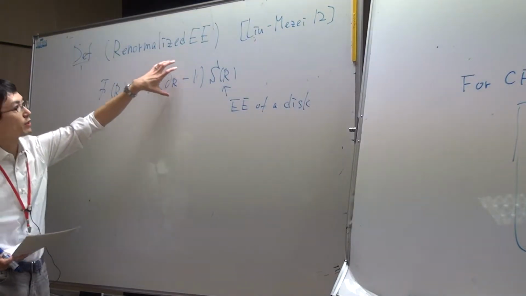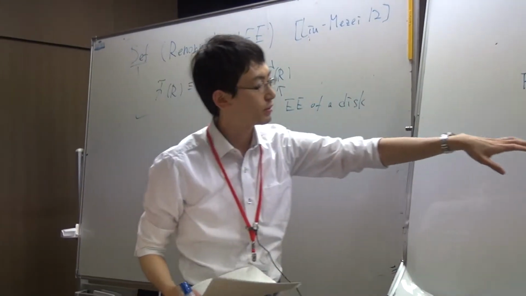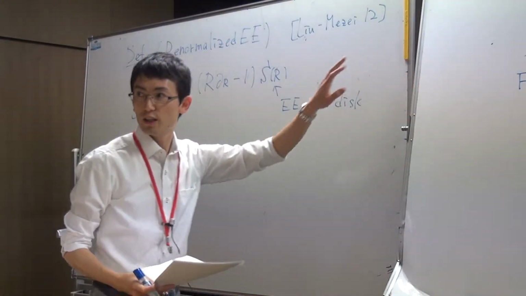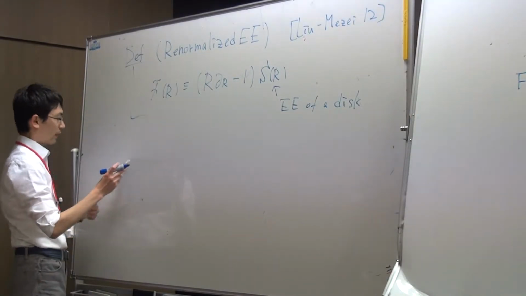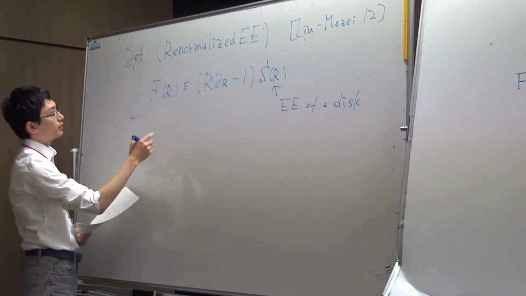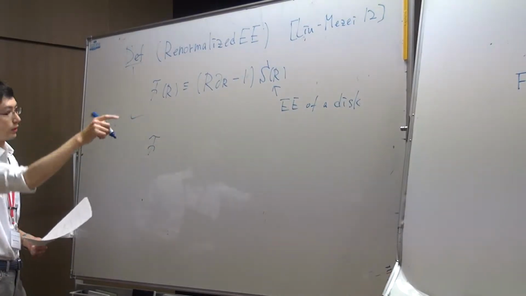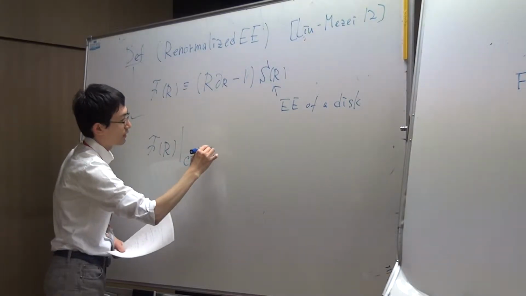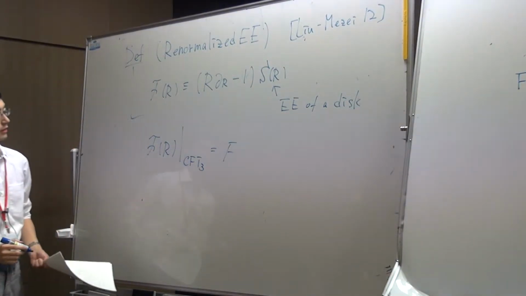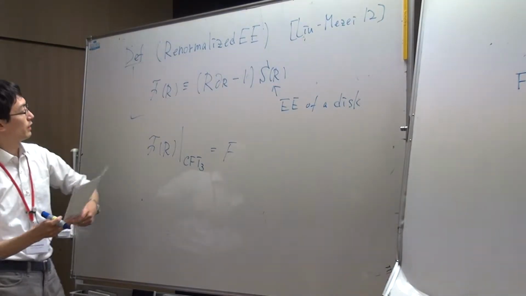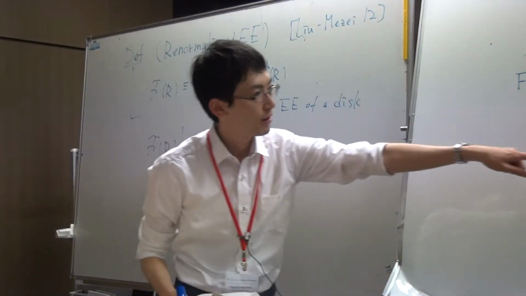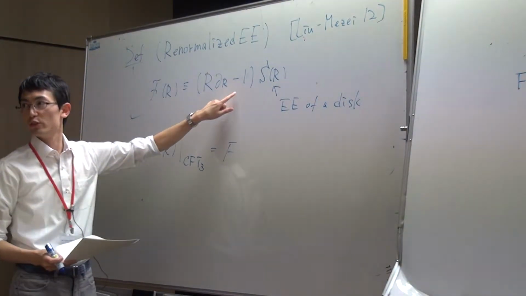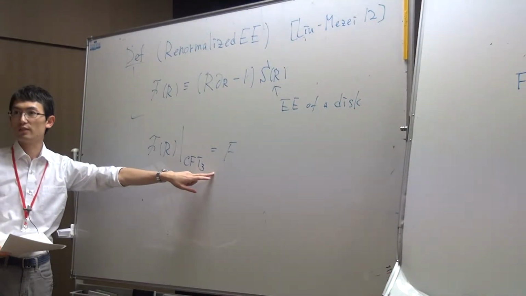If we add this differential operator to this, then the areal part cancels and goes away. So this function satisfies the first property. So script F of R for a CFT3 is equal to just f. This cancels the areal part, but it doesn't cancel f. So you get f.